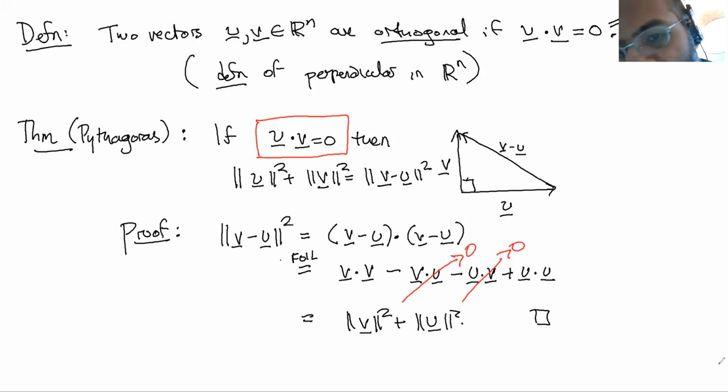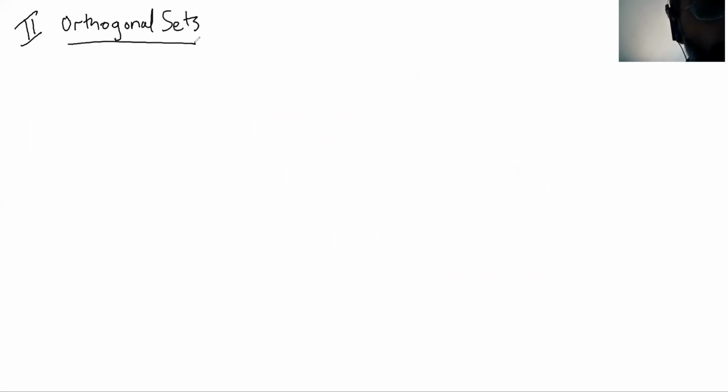Now, I told you what it means for two vectors to be orthogonal. Now I'm going to talk about a whole set of orthogonal vectors. So what's the definition? Well, it's what you think it is. It's a set of vectors so that all pairs are orthogonal.